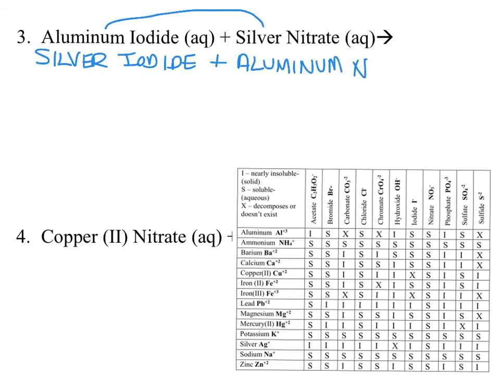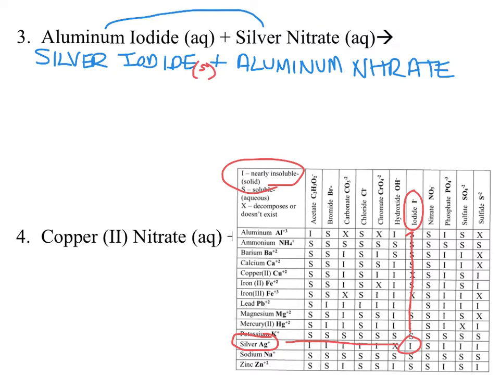So before we can write out this official chemical equation, we want to make sure that silver iodide or aluminum nitrate is actually going to form a solid. So let's take a look. Silver is over here, iodide's over here. Let's trace this out. Silver and iodide, that's an I. I stands for insoluble. So it looks like silver iodide is going to become the solid.